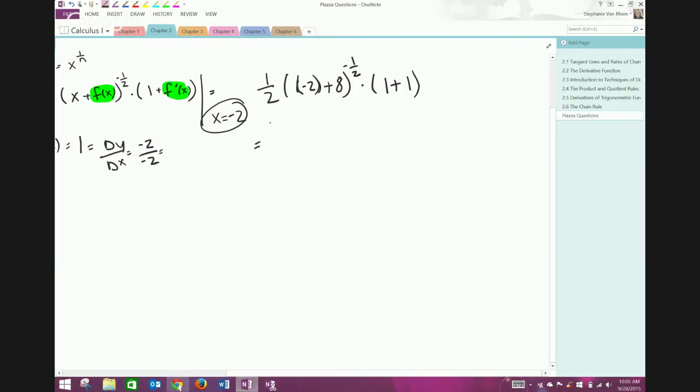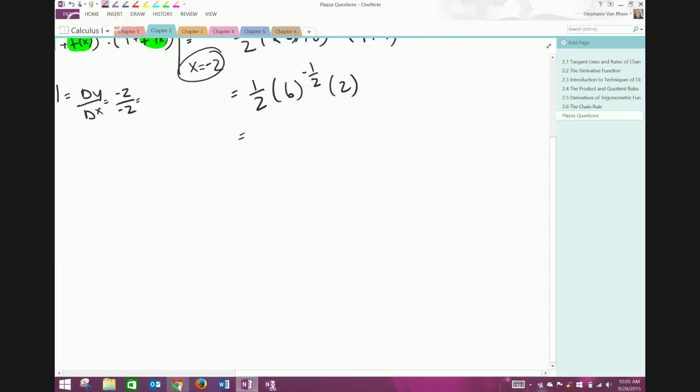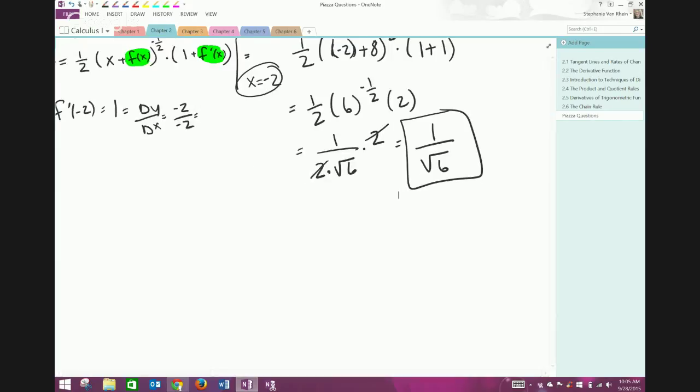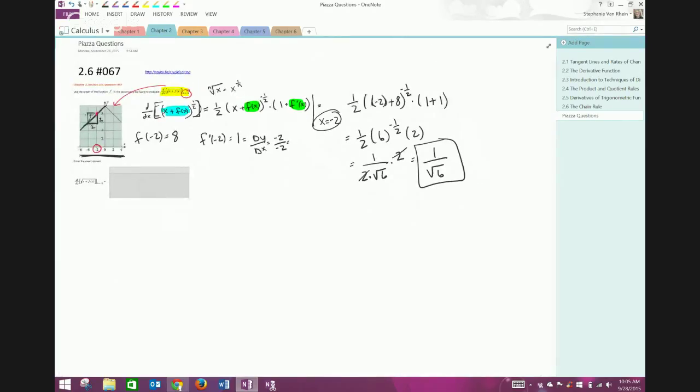So simplifying this a little more, I have 1/2 times 6 to the -1/2 times 2. I could write 6 to the -1/2 as 1 over the square root of 6, and the 2's cancel, so my answer is 1 over the square root of 6.